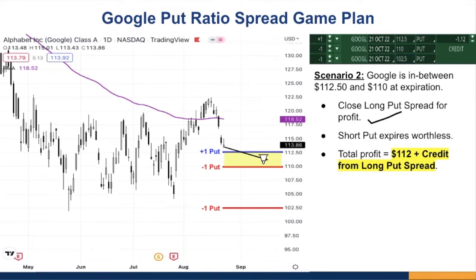The reason is that if you take this to expiration, your broker is going to exercise this long put option. It means you're going to be short 100 shares. So to avoid this assignment, you're going to want to close it just before the market closes. You can just close it out, take the profit. And then the short put is going to expire worthless. So your total profit is going to be 112 plus the credit you receive from selling the long put spread.